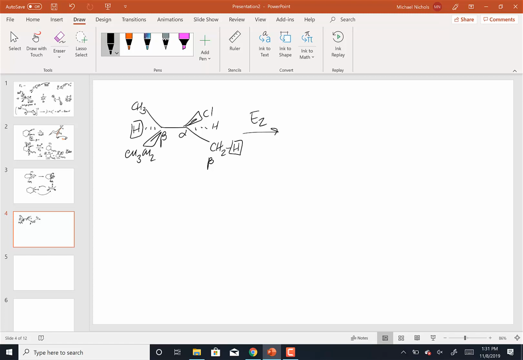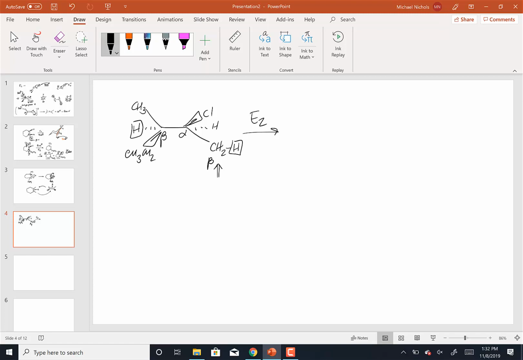Now I still have to apply my rule about anti-periplanar. But if you think about this group right here, the CH3, it doesn't matter because you've got 3 hydrogens. The chances of those 3 hydrogens, one of them is definitely going to be anti-periplanar. And if not, I have sort of free rotation around here to make any of those hydrogens anti-periplanar.